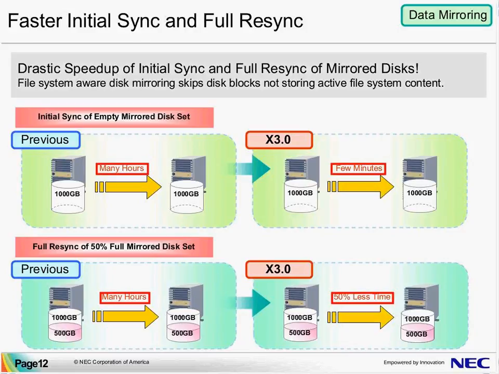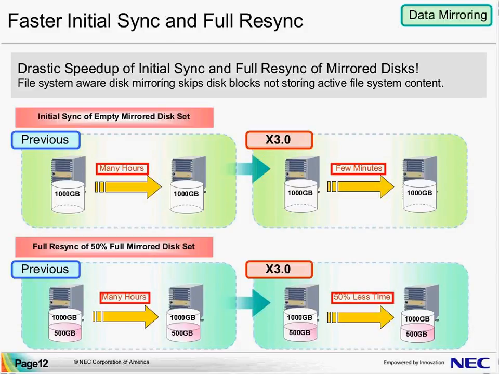And for a system that is deployed, in the second scenario at the bottom of the slide here, you may have a system that has maybe a 1,000 gigabyte disk, but it only has 500 gigabytes of data on the primary system, and after some usage, there may be a need to do a resynchronization with a standby system.